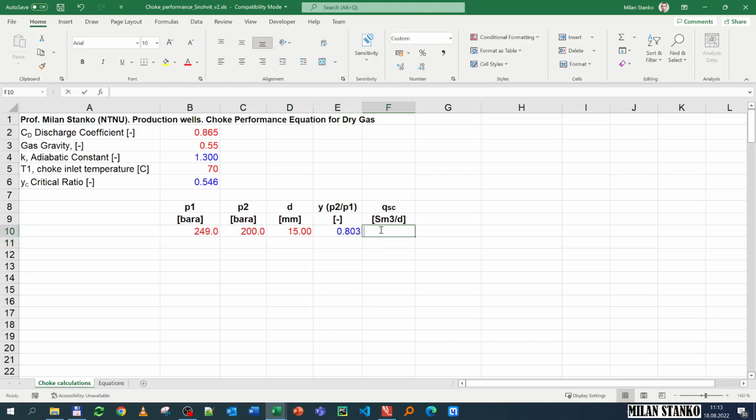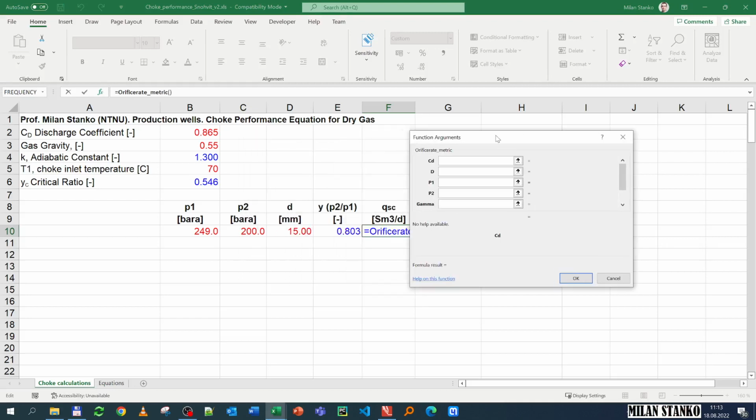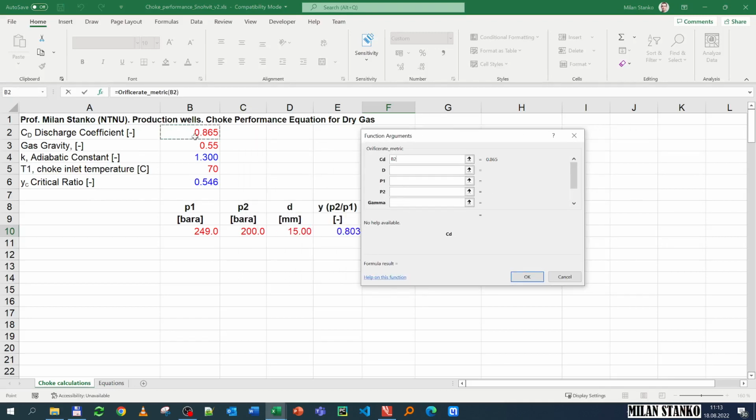Okay, so then let's call the equation. It's called orifice, because I can use that equation also not just for a choke, but for an orifice. It's exactly the same. The CD is here, and that I block. The diameter is here. Pressure 1 is here. Temperature 2 is here.